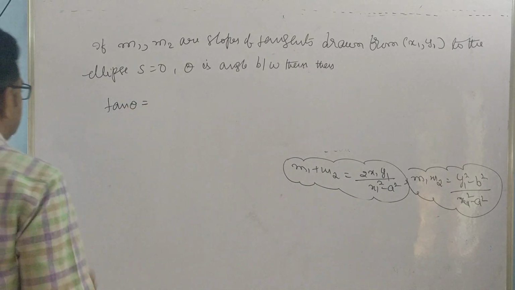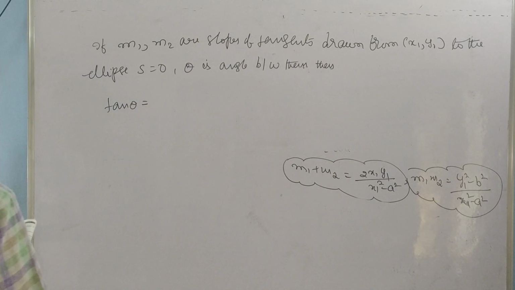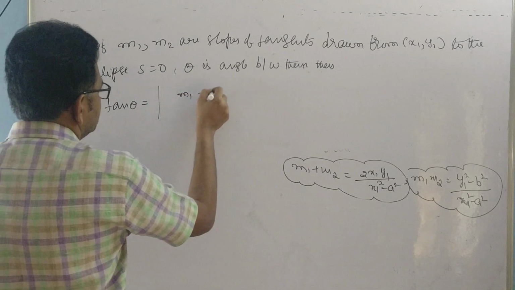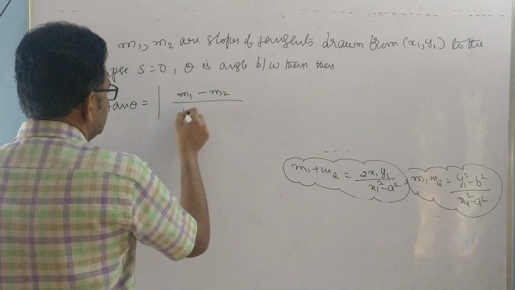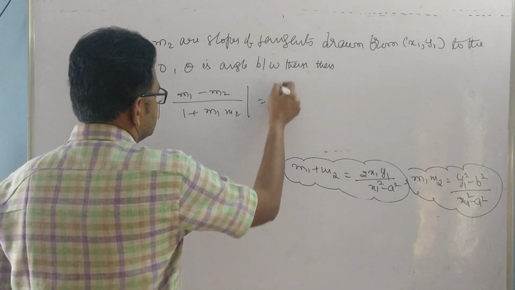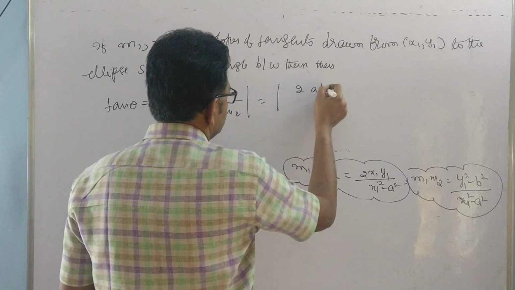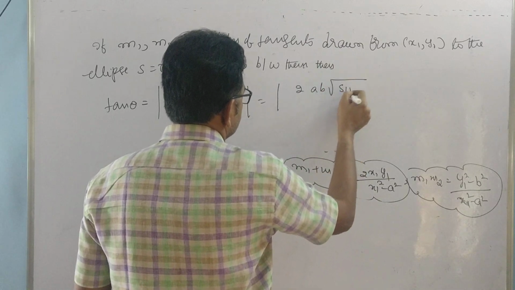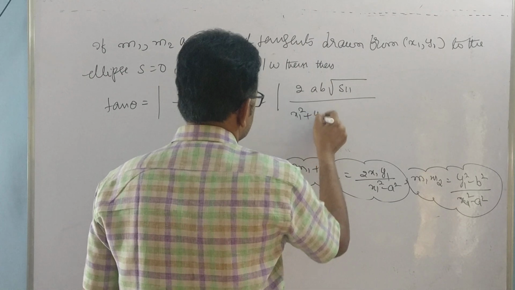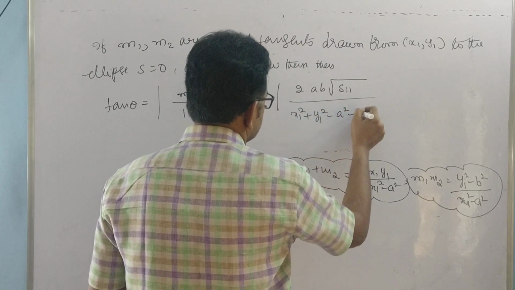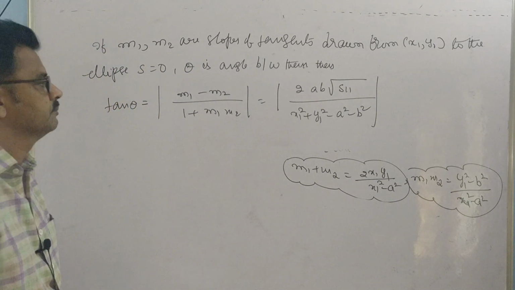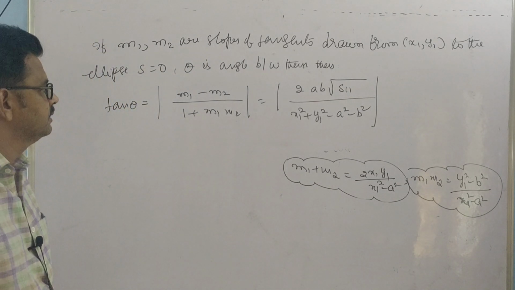is equal to, the formula is what? Mod of m1 minus m2 by 1 plus m1 m2. This is equal to mod of 2ab root S11 by x1 square plus y1 square minus a square minus b square. Angle between tangents.